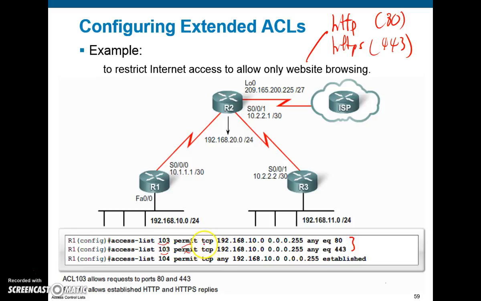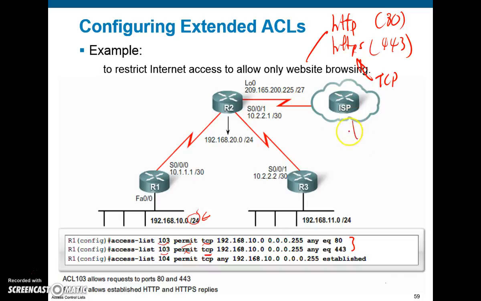Web browsing is a TCP protocol, so permit TCP. From source is here, 192.168.10.0. This is the source, and this is a /24, so the wildcard is 0.0.0.255.